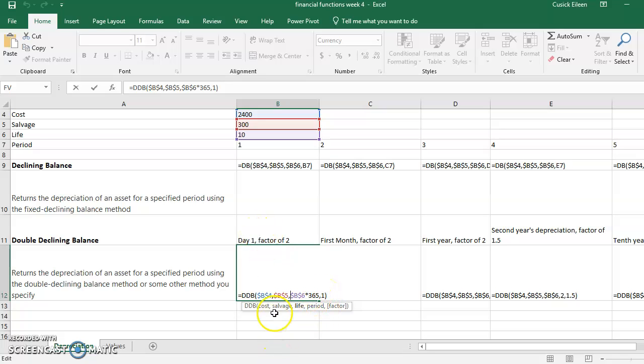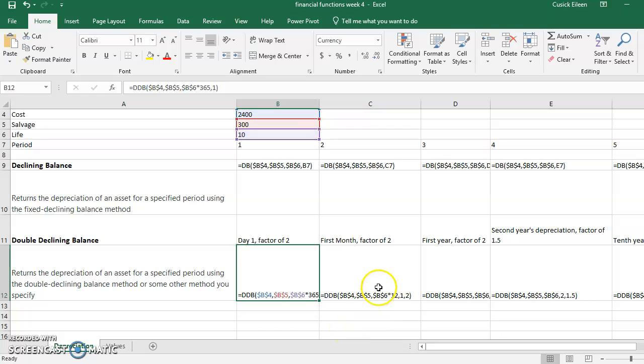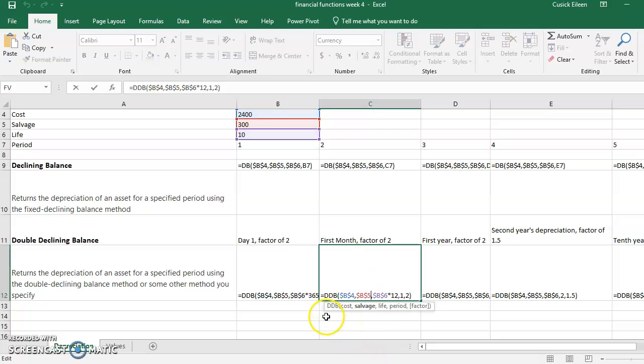So day 1. So after day 1 I have a depreciation already. Now if I look at my second formula, I have a similar one, but instead this is after the first month. So I have 10 years, but I'm multiplying it by 12 because we want to look at it from the standpoint of 1 month. So I have my B6, which is my life, and I'm multiplying it by 12 because I want to look at it in terms of months.